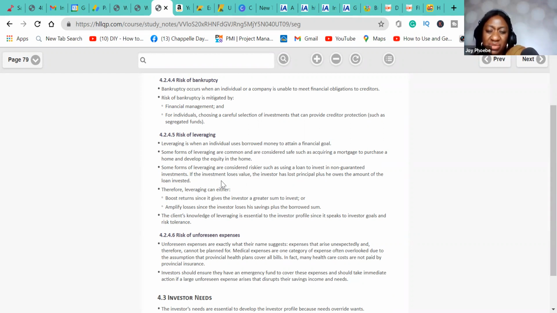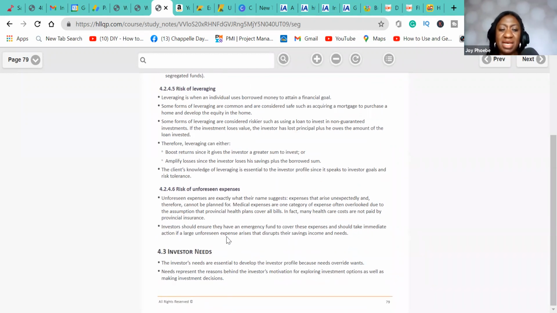Some forms of leverage are considered risky, such as using a loan to invest in a non-guaranteed investment. If the investment loses value, the investor has lost principal plus he owes the amount of the loan invested. Yeah, that's so true.